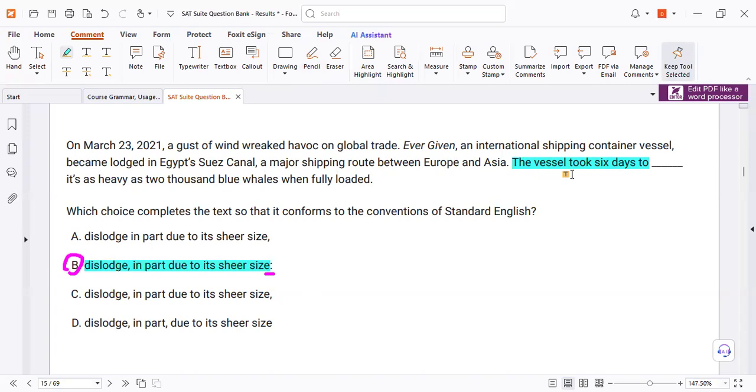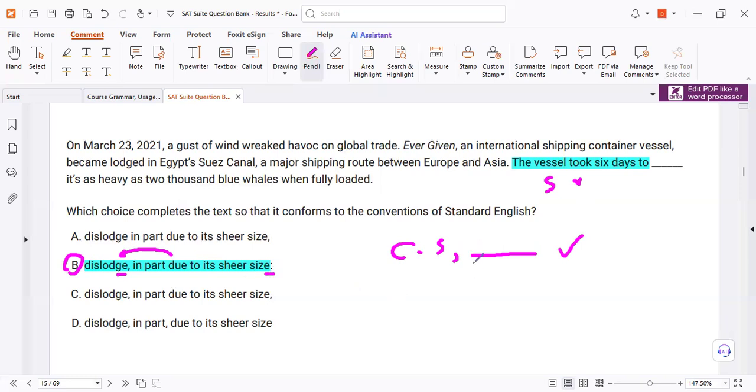The vessel took six days, so I found the subject, found the verb, and six days to dislodge. And then he adds details to the sentence. At the end, no problem. The sentence can be like that: complete sentence, comma, appositive phrase. So the structure here is correct.